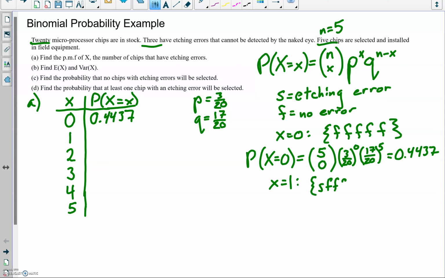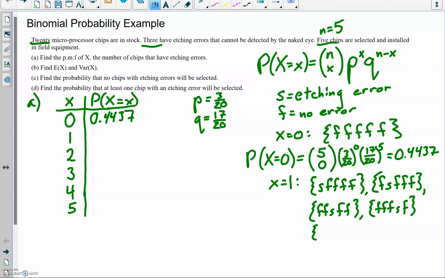Well, another possible outcome would be a failure first, so no error, and then success, then failure, failure, failure. And another one could be that you got 2 failures, then a success, then a failure, then a failure. Another one could be failure, failure, failure, so all good ones, and then you successfully picked a bad one, and then a failure. And then last but not least, you could have all of the first 4 you picked being no error chips, and then you successfully pick one with an error.